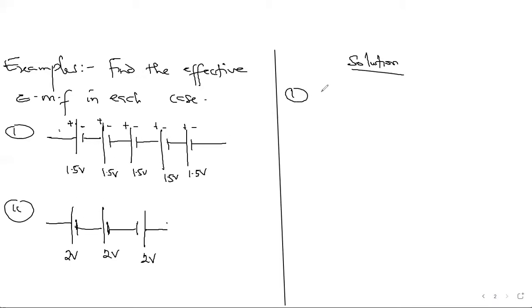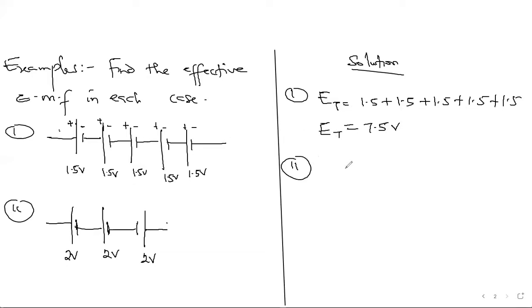It means that the total EMF will be the sum of the individual EMFs. 1.5 plus 1.5, how many? 1, 2, 3, 4, 5. Plus 1.5 plus 1.5 plus 1.5. 1, 2, 3, 4, 5. So this will give you 3 volts. This will give you 6 volts. And that will give you 7.5 volts. So that's the total EMF of the cell combination.